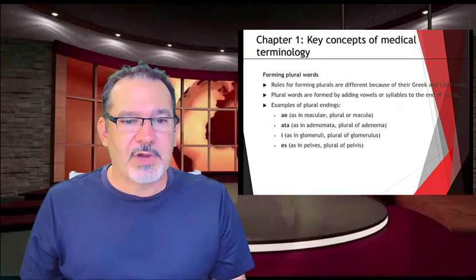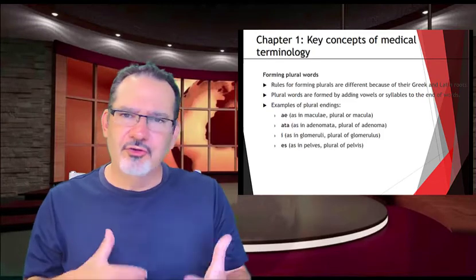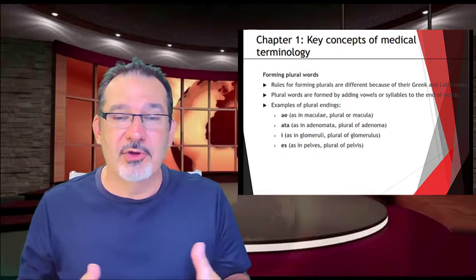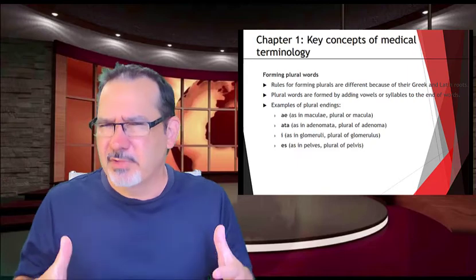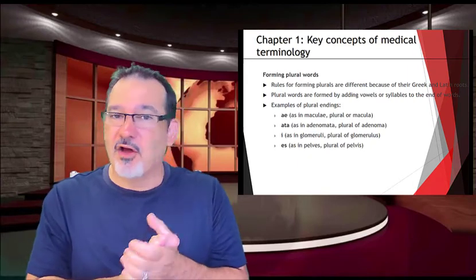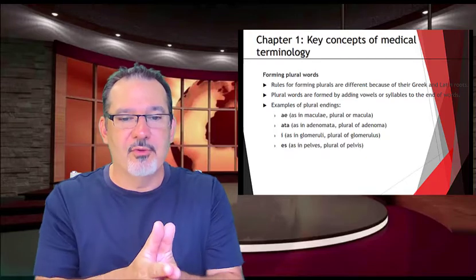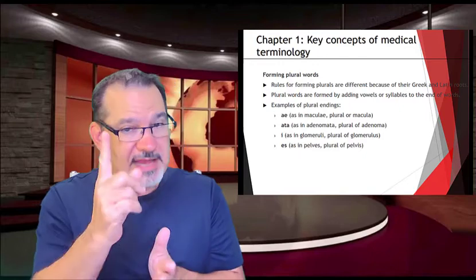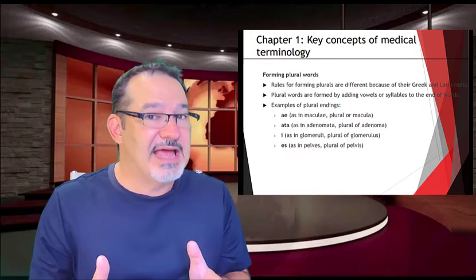Forming plurals. We do use S like in the regular English language, where we pluralize things with an S in a lot of cases. But in medical terms, that often isn't the case. So if we look at these examples, the plural of macula is maculae.